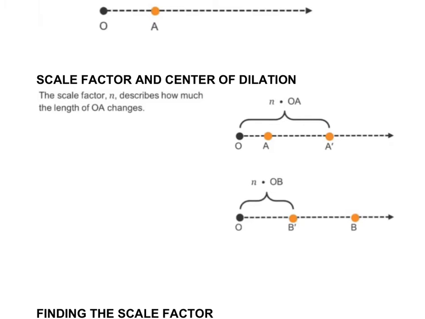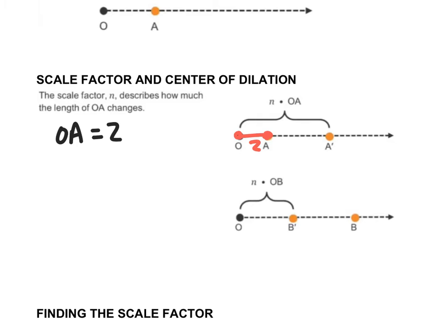And so looking at a scale factor and center of dilation helps us figure out what these lengths are and what our scale factor is. So let's just think of an example. Let's say that OA in this example is a length of 2, okay? So I'm going to label this length here as 2, okay?